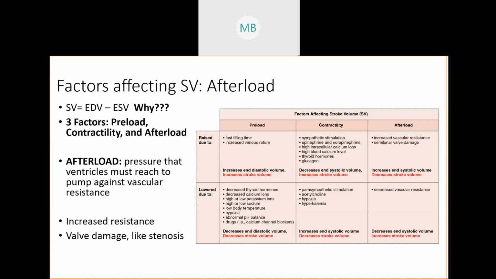This means that a number of things will increase the afterload and cause some issues. So hypertension, that's high blood pressure, is going to increase your afterload and that's going to result in an increased ESV or end systolic volume, which will reduce your total stroke volume because you already have high blood pressure. That blood pressure is part of the afterload that your ventricles have to push against and deal with.